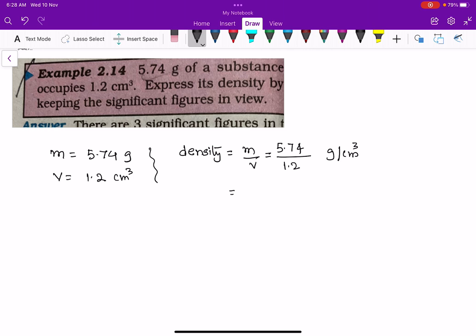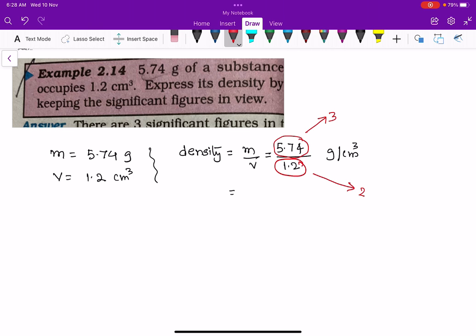So how many significant figures are there? 3. How many significant figures are there? 2. The answer should contain only 2. It is a division. Earlier we had seen the case of multiplication.